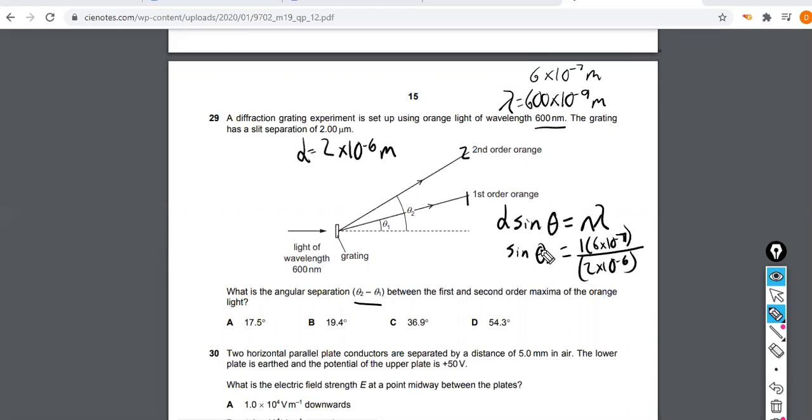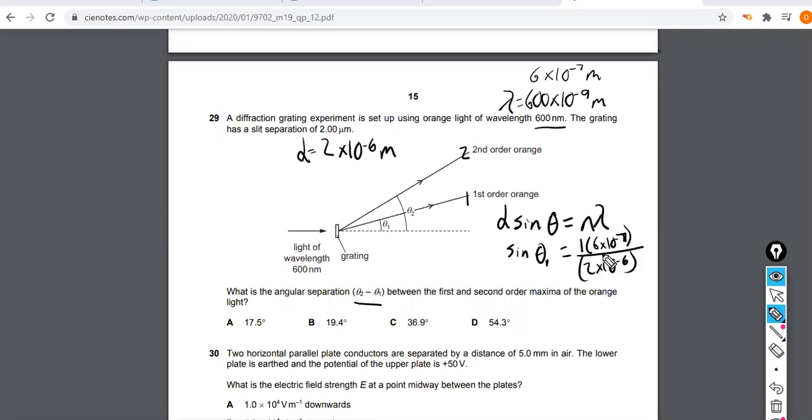So now I know the sine of theta 1, this angle here to the first order, is going to be 6 by 10 to the negative 7 divided by 2 by 10 to the negative 6, which is 3 by 10 to the negative 1.